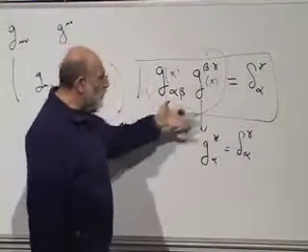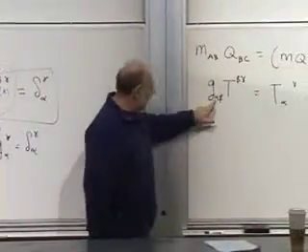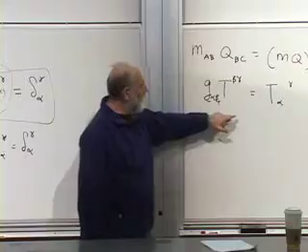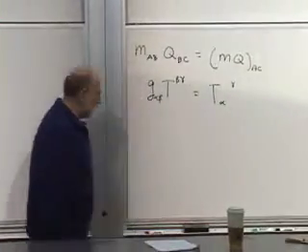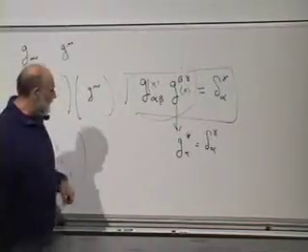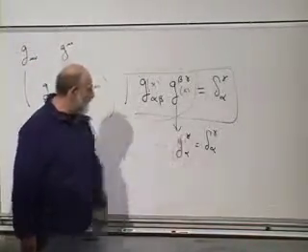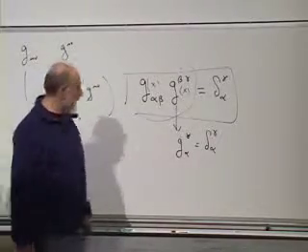The rule is that if you take T with two upper indices and multiply it by G, you get T with one upper index and one lower index. Well, what is T? T is G in this formula. So then is the whole left-hand side equal to G alpha beta, G beta gamma? Yes, equals.